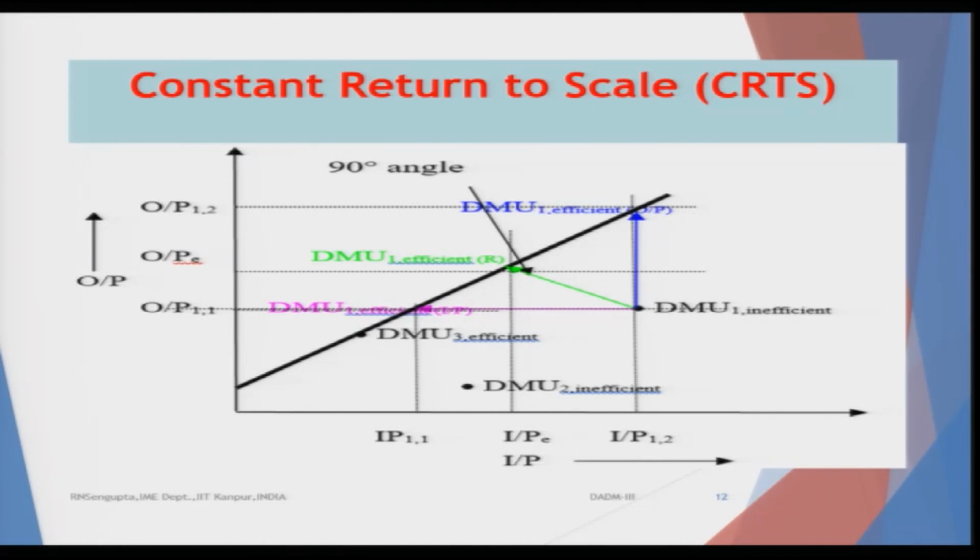If I have any DMU which is inefficient, it can move vertically up the blue line, or it can move horizontally left, which is the pink line. Vertically moving up basically means, again I am repeating, sorry for that, the inputs remain fixed and the output increases. Horizontal movement to the left means the output remains fixed and the input decreases.